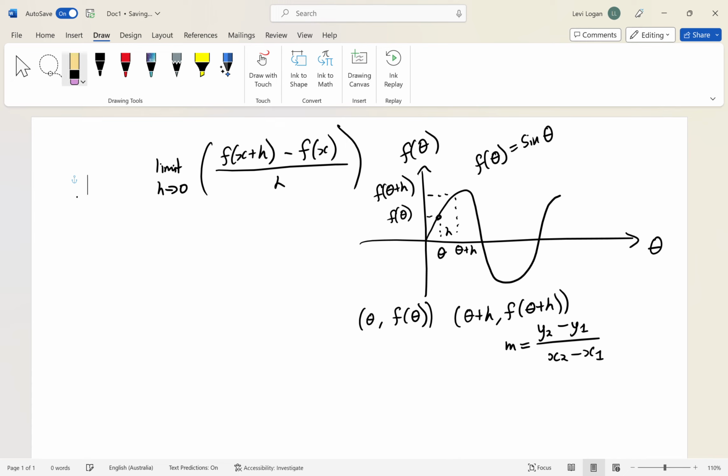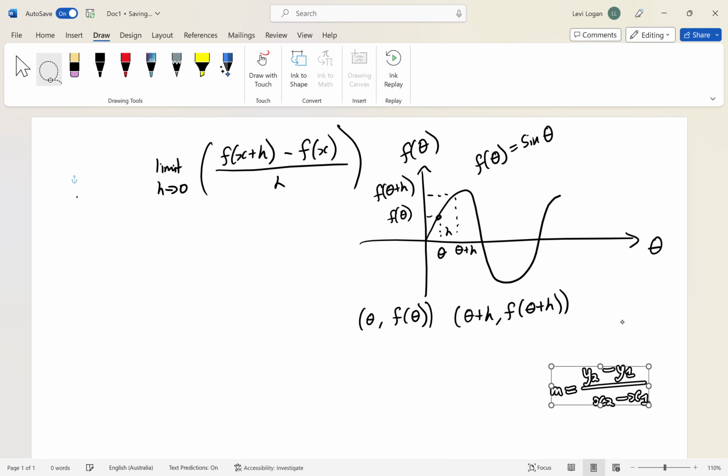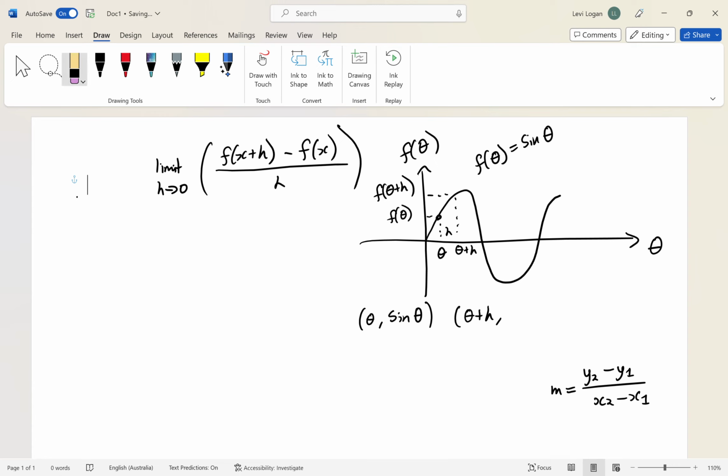We know what our function is: f of theta is sine theta. So I'm going to change these out for sine. This will be sine of theta, and this here will be sine of theta plus h.